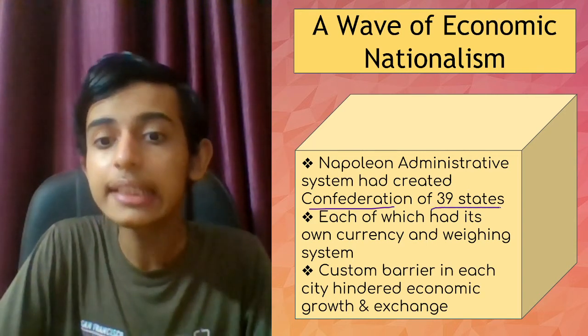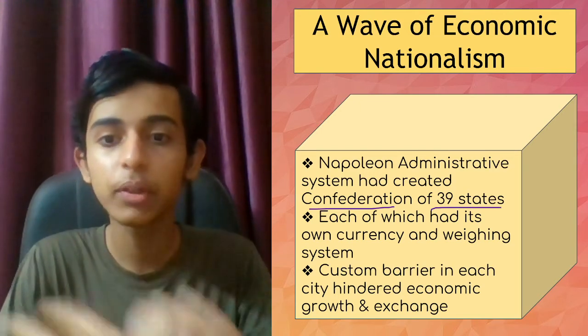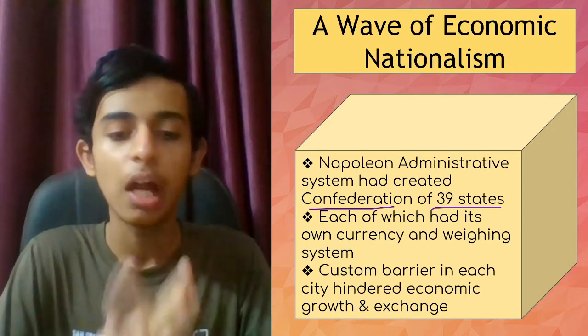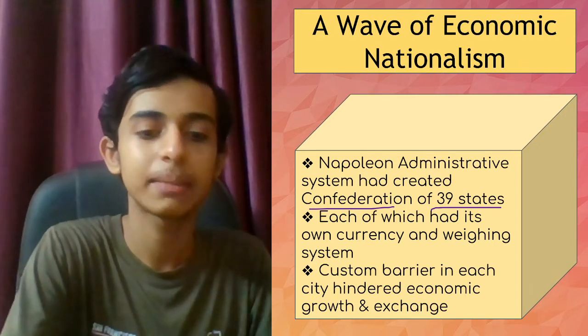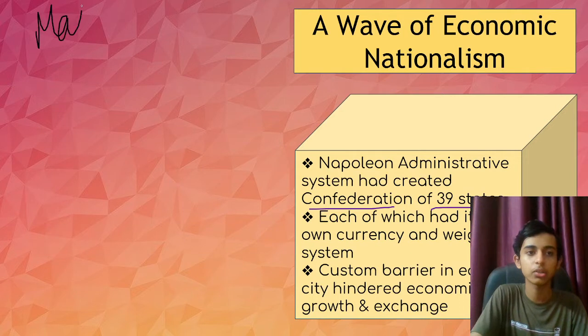So 39 states he had created, and then the problem was that each of which had its own currency and weighing system. For example, let me explain it very clearly. Suppose if you live in Maharashtra, for example.